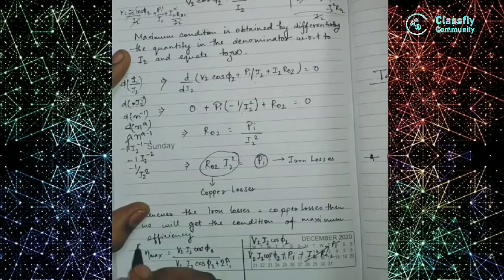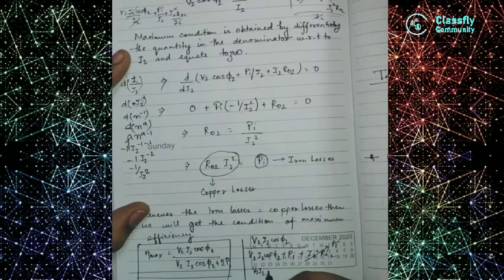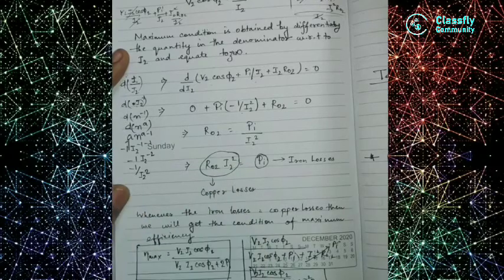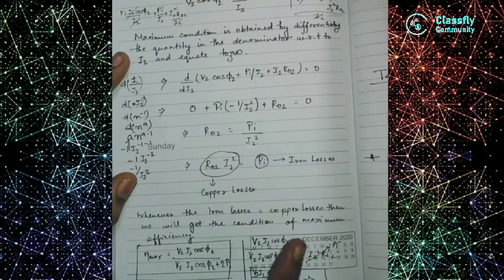You can also write this formula as V2 I2 cos phi 2 by V2 I2 cos phi 2 plus 2 I2 square R02. This formula is taken when iron loss is equal to copper loss, where I put the copper loss, that is R02 I2 square. Whenever you need to find the condition of maximum efficiency, take the value of either the copper loss or the iron loss, whichever is specified in the question.